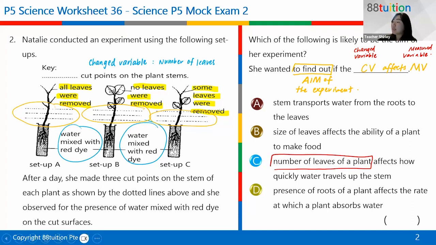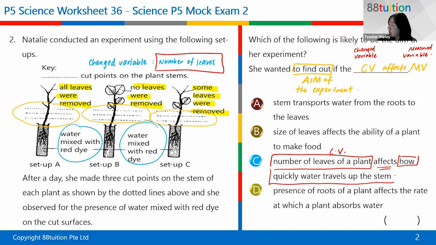So this will be the change variable, CV. Then it affects how quickly the water travels up the stem. So this will be the measured variable. Number of leaves is the change variable. How quickly the water travels up the stem, that's your measured variable. So in this case, the answer would be C.